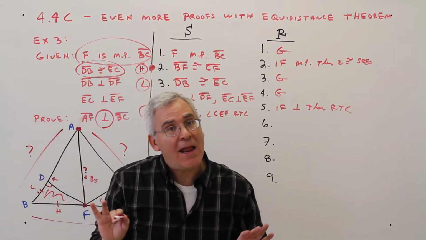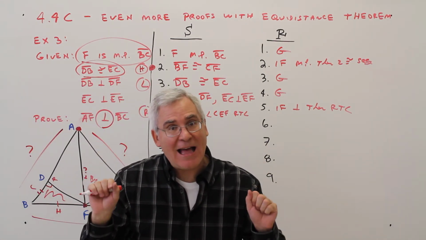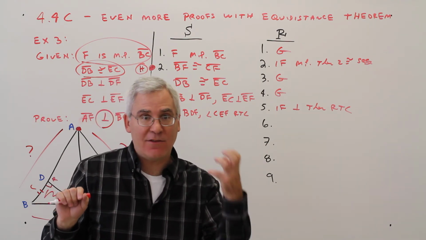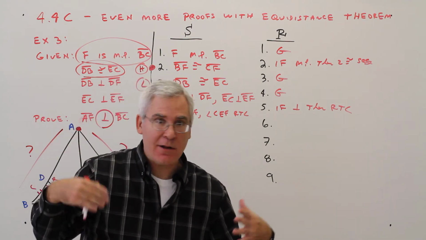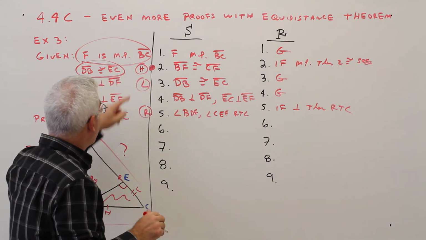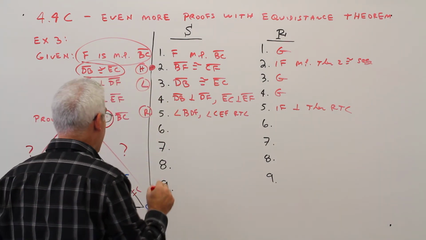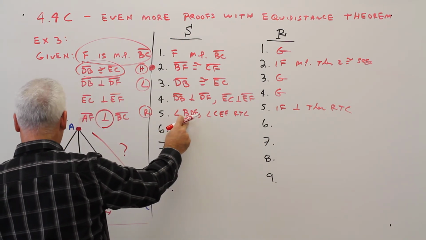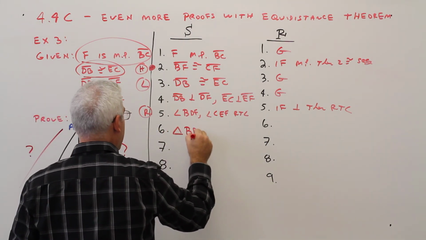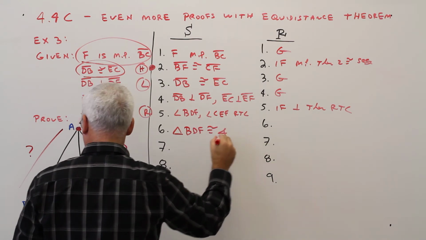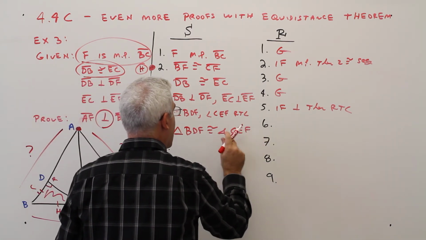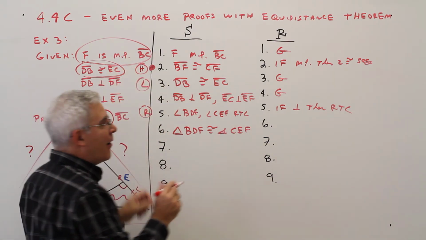Now only for HLR, I do not need to establish those right angles congruent. I just need to know that they exist. If you want to go ahead and establish them congruent, go for it. So I've got HLR, so now I got the triangles congruent. So triangle, I could just use that same setup, BDF is congruent to triangle CEF by HLR.